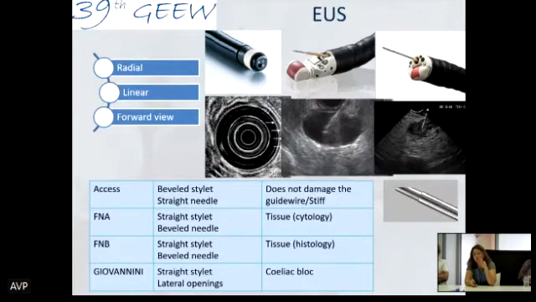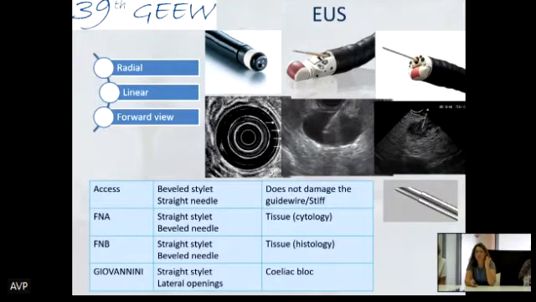So you can puncture and get into the duct, but if you want to manipulate the guide wire, you take your stylet out and you just need the needle. This is important because with a straight needle you will not traumatize the guide wire. But if you have a beveled structure inside, you might peel it and then you won't be able to work anymore. So this is the importance of the access needle if you want to do therapeutics.